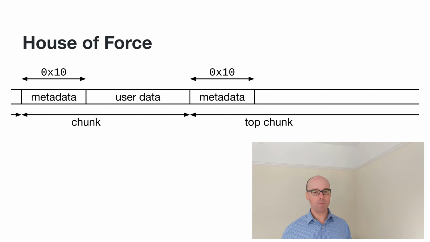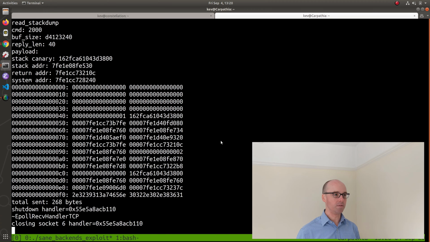If you ask for more memory than is available in the top chunk, then it will either ask the operating system whether it can make the top chunk bigger, or failing that, it will use an mmap to get some more memory from the operating system. But by overwriting the metadata, we make the allocator think that the top chunk is incredibly big, and so it will never ask the operating system for more memory. So let me show you the demo from the How to Heap repository of that.